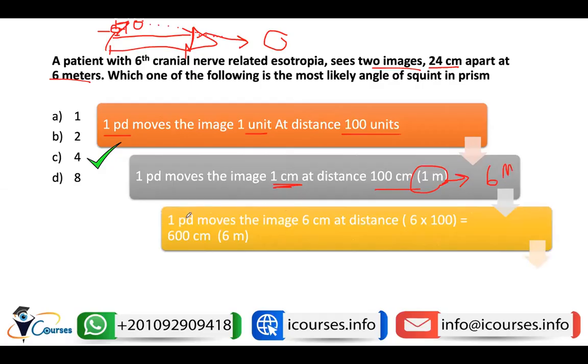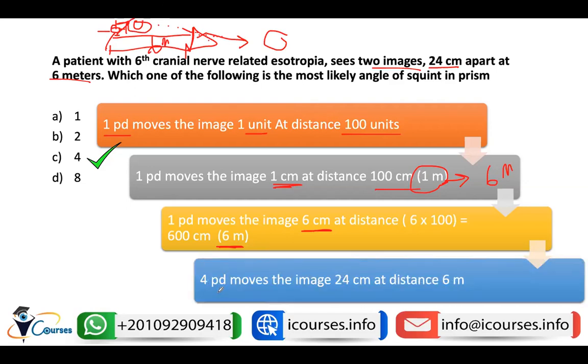Then one prism diopter will move the image 6 centimeters if the object is placed at around 6 meters. Again, if this distance is 6 meters, this will result in displacement of the image by 6 centimeters.